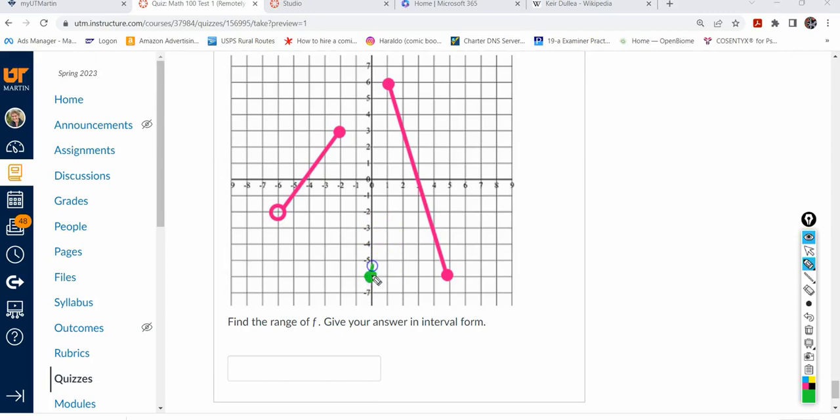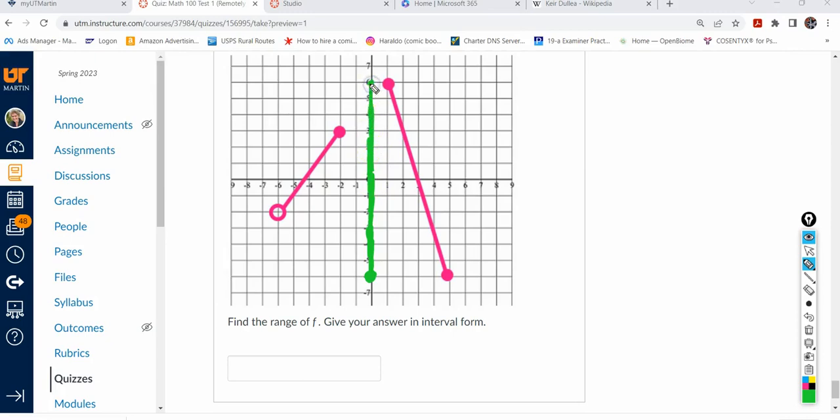Now as I move up, when I look to the left, I can always see a point. When I'm going up from the bottom, as I look to the right, I can see a point. And when I get up to negative 2, if I look to the left there's not a point, but there's still a point to the right, so there's no gap. All along here, when I'm looking to the left or the right, I can see at least one point, so there's no gap.